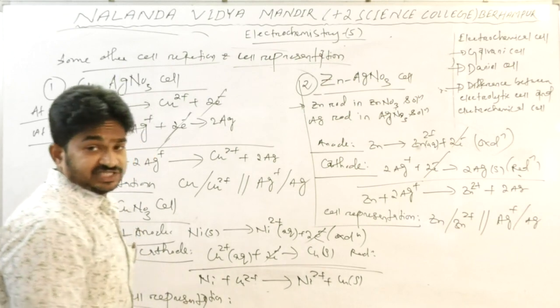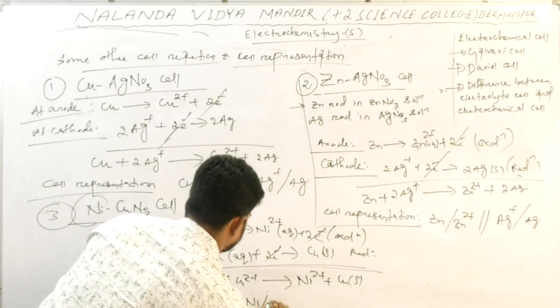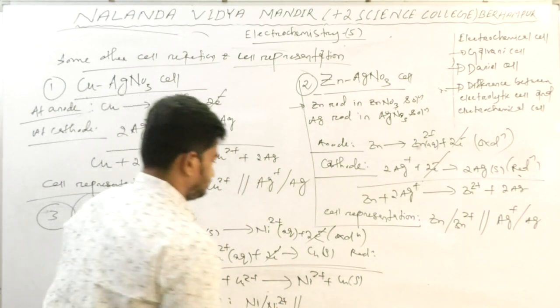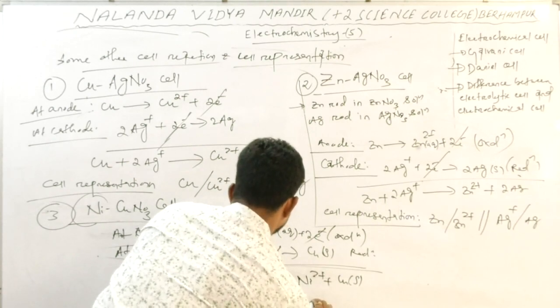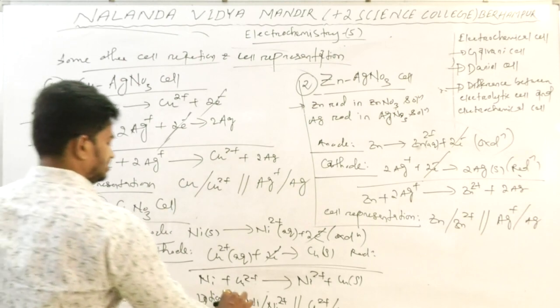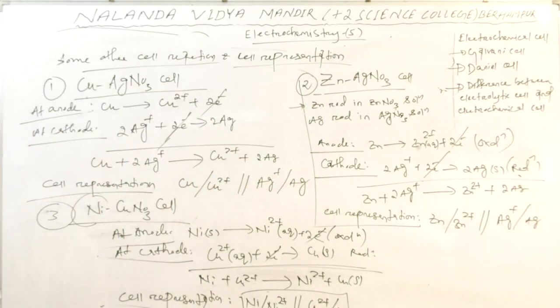Then what would be the cell representation? Nickel to nickel 2 plus, salt bridge, then copper 2 plus to copper. This is the cell representation for the nickel copper nitrate cell.